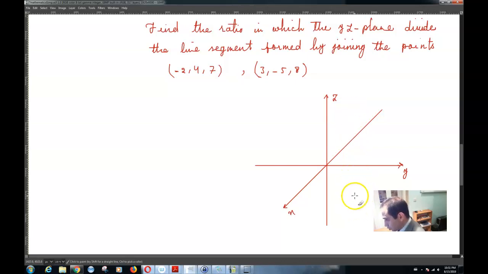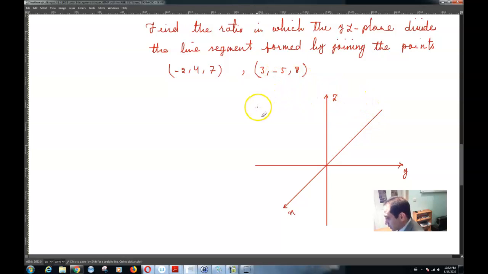And when you join those 2 points, of course, they have nothing to do with the YZ plane at all. The YZ plane is just this vertical plane, which you can imagine is the plane that you're looking through, if you imagine that you're looking through your screen.